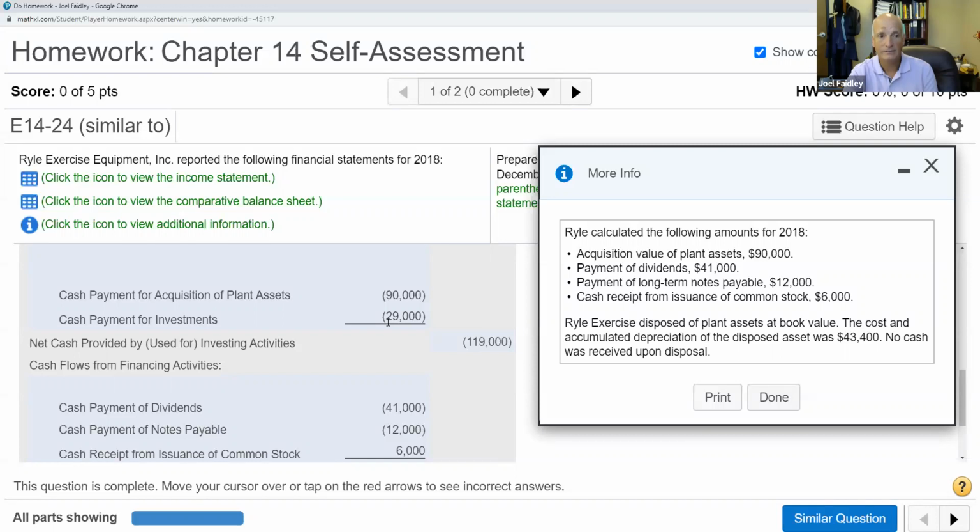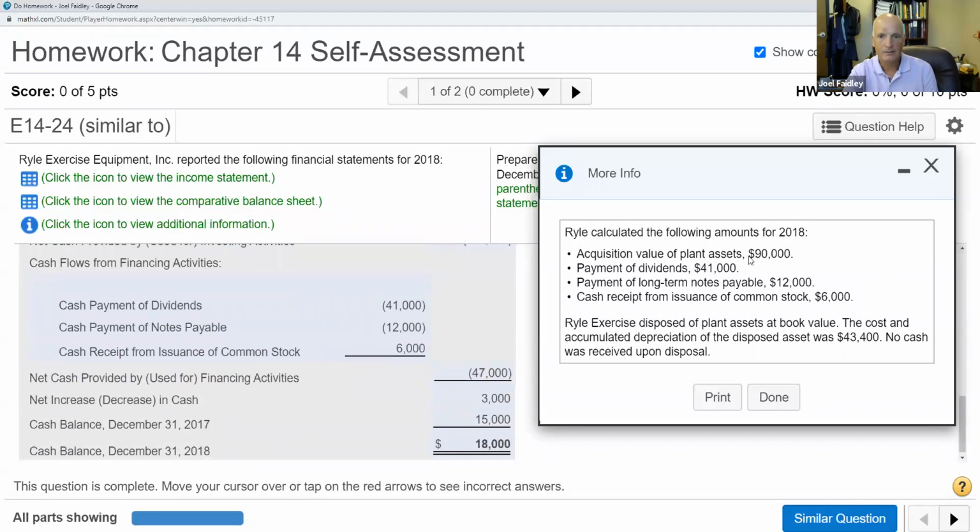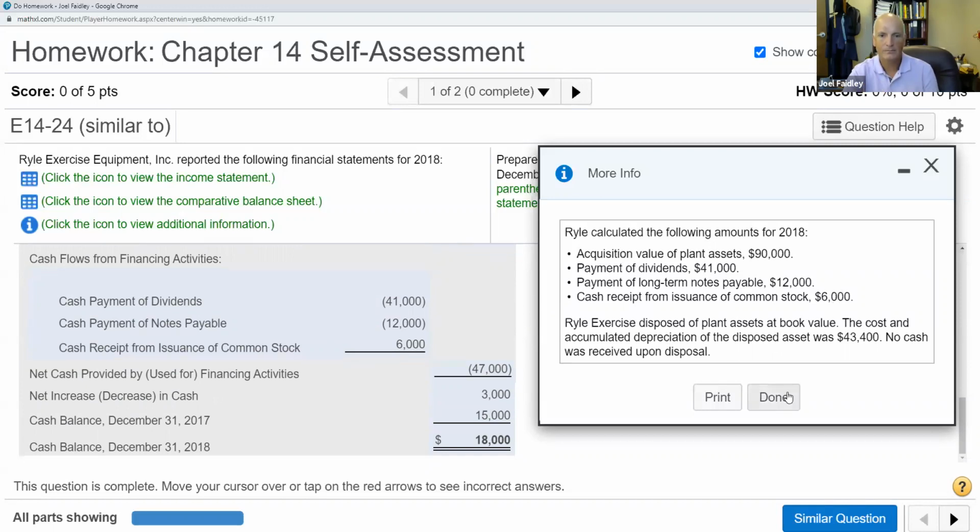Asset went up again, just like that asset went up. That's why they're negative. All right, and then the bottom part is just, there's my 41,000. There's my 12,000. Payment tells you it's got to be a negative to cash. And then cash receipt from issuance of common stock. It almost gives it away whether it's a plus or minus. All right, so that's pretty much that problem.